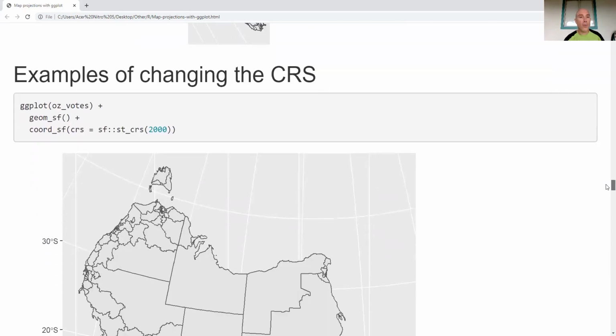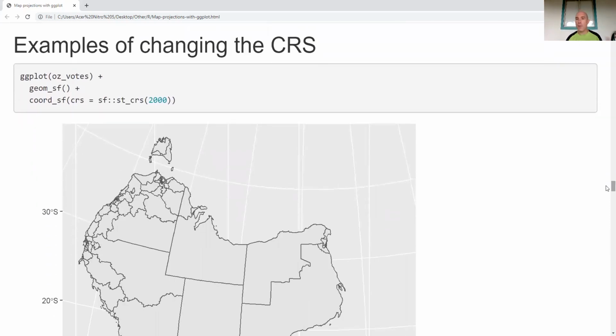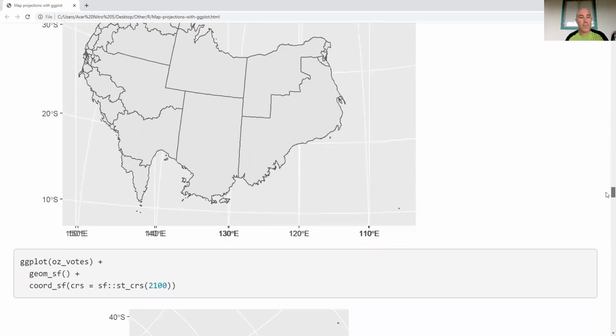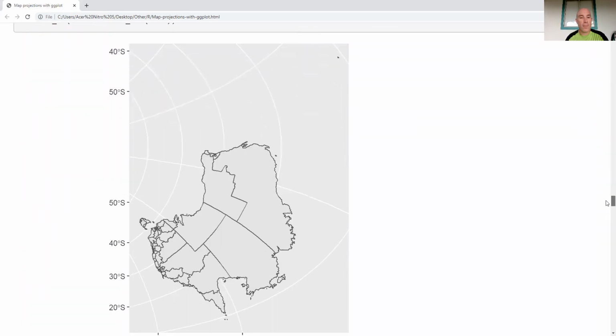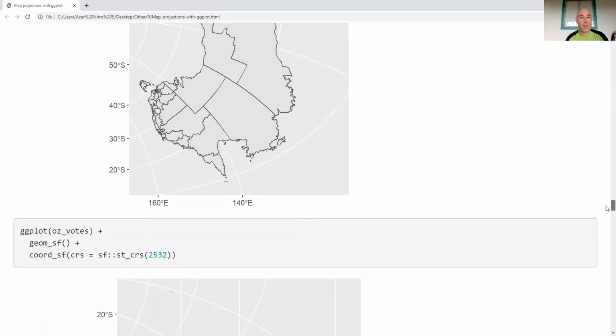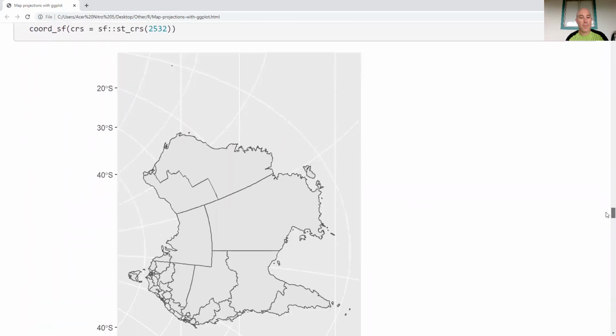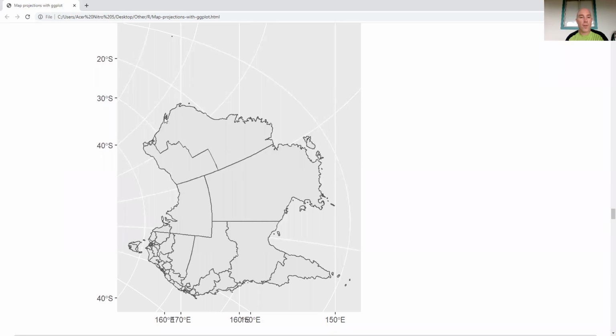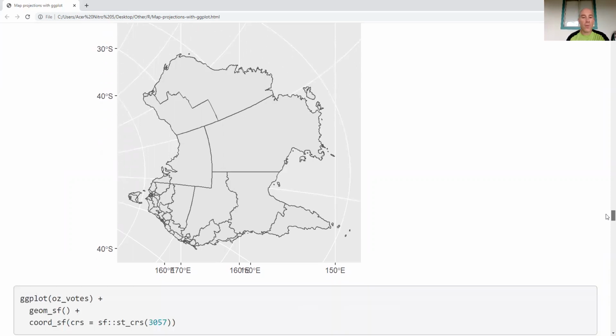All right, now for the rest of these, I just started typing in random numbers to get different coordinate reference systems, just to see what they look like. I think it's interesting to see what the latitude and longitude lines are doing with these different coordinate reference systems.